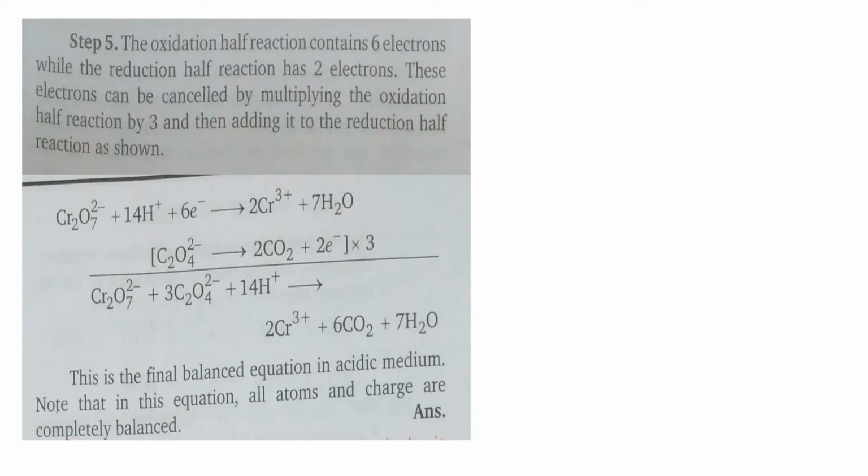Now I have to write both the oxidation and reduction half reactions here. My reduction half reaction is Cr2O7 2- plus 14H+ plus 6e- giving 2Cr3+ plus 7H2O.